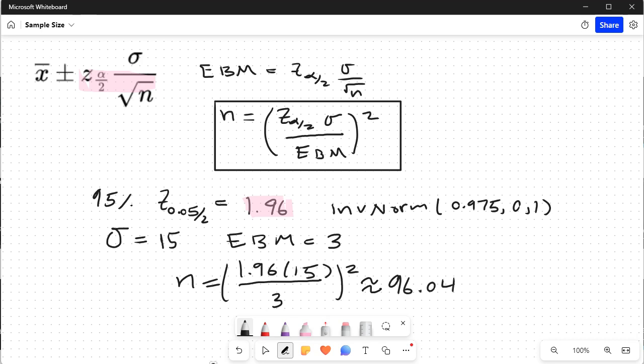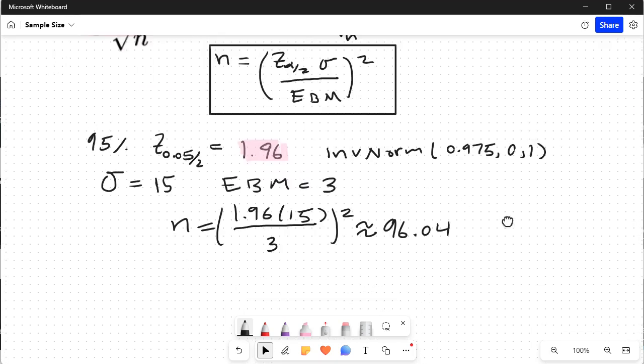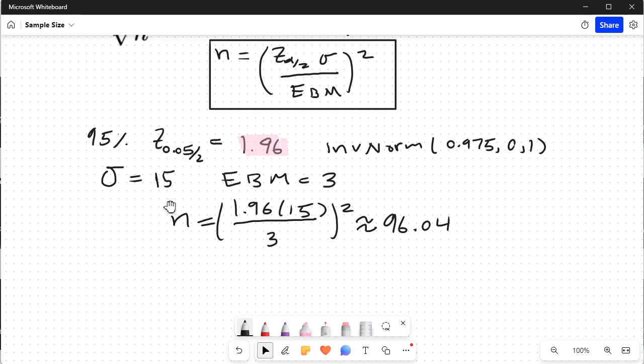So we find that the sample size is equal to 96.04. But we should make note that if we want to have a 95% confidence in estimating the true mean, this implies that we should sample not 96, but 97 individuals.